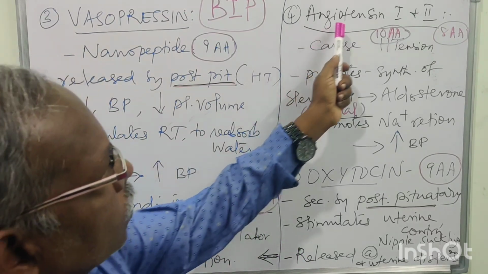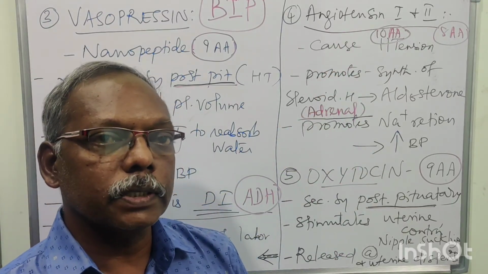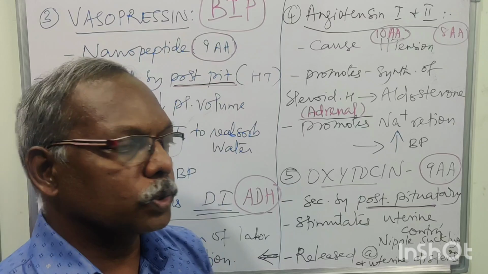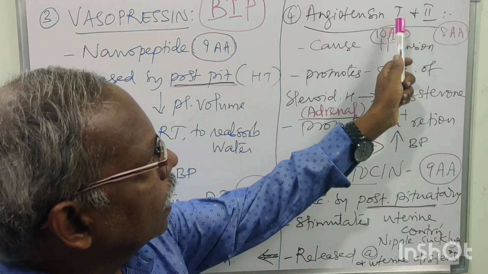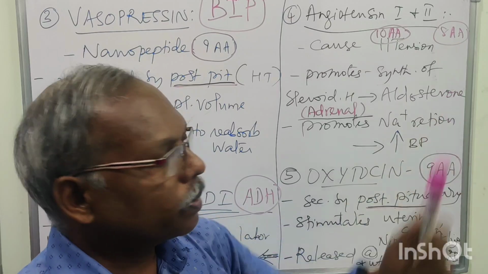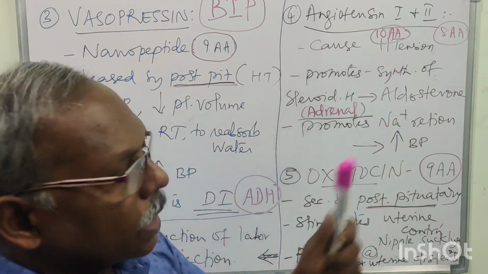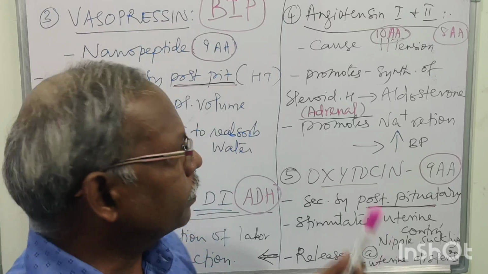The fourth biologically important peptide is angiotensin 1 and 2, actually 2 peptides. Angiotensin 1 is made up of 10 amino acids, whereas angiotensin 2 is made up of 8 amino acids. It causes hypertension; it increases blood pressure.